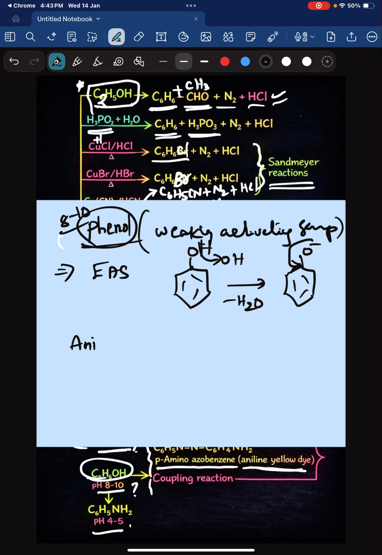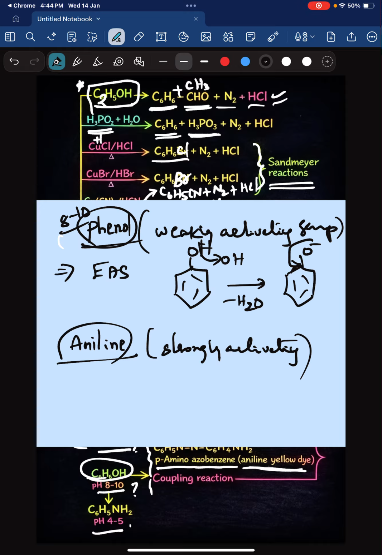Similarly, in the aniline case, what will happen we can see. Aniline is a strongly activating group. So what happens if it is a strongly activating group in the presence of acidic medium?